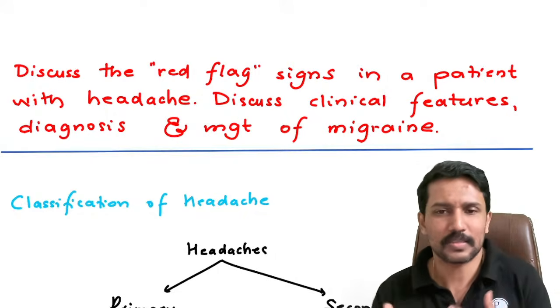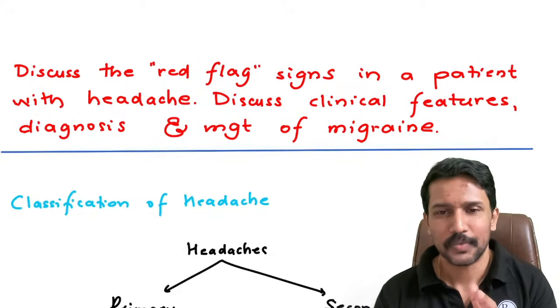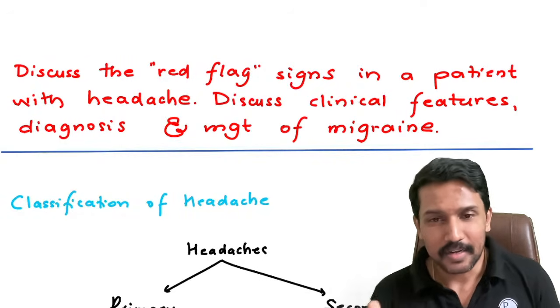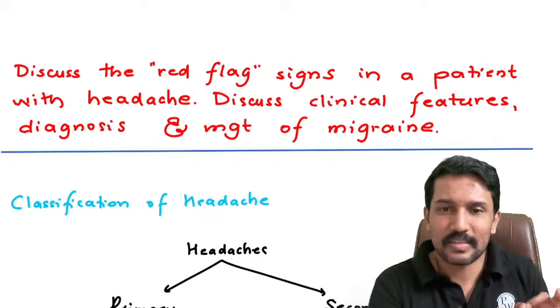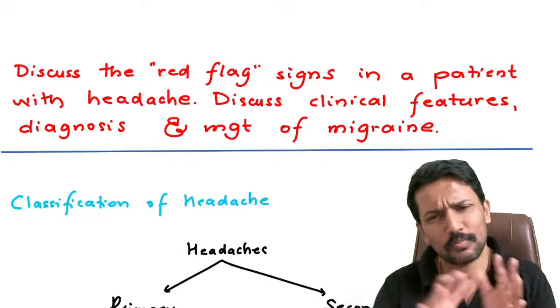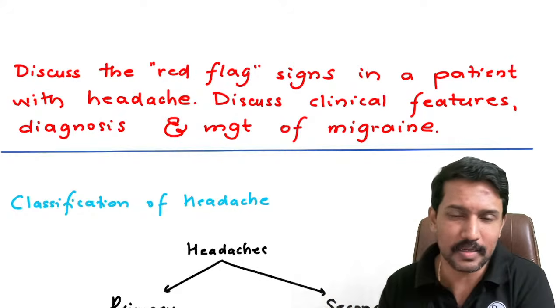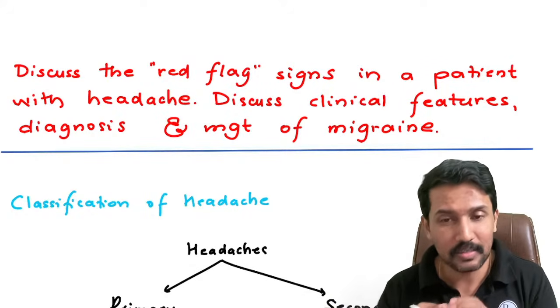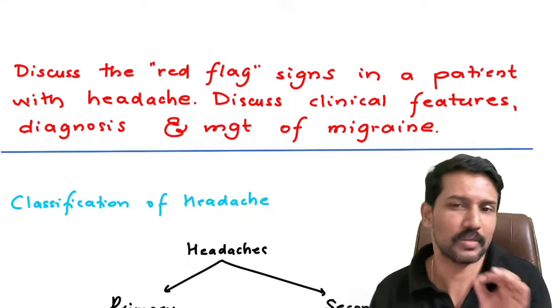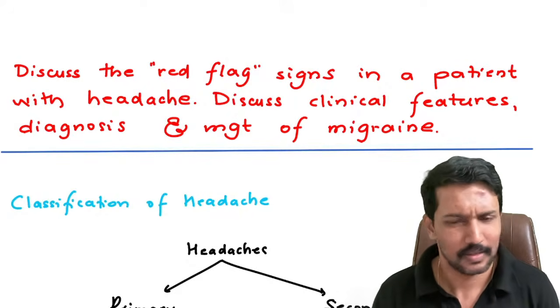But then as I started practicing more, I realized that every symptom can be graded in terms of how risky that symptom is. Like, how is it pointing towards? Is it pointing towards a more sinister disease or a more subtle, not so clinically dangerous disease? And the pointers which suggest that the underlying cause may be more dangerous, such pointers are called red flag signs. Now you know, right?